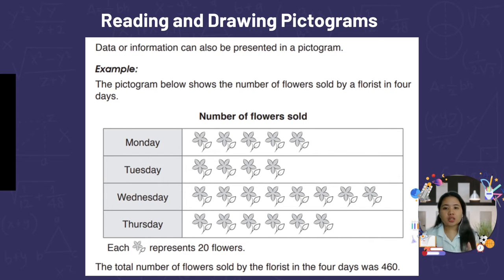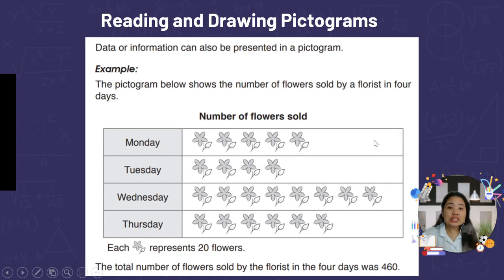But if you write here 5, 4, 8, and 6, it is not yet the answer. You need to look below. It says each flower represents 20. That means each picture represents 20.